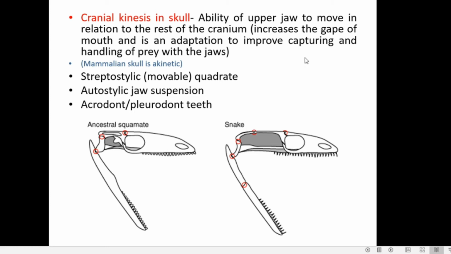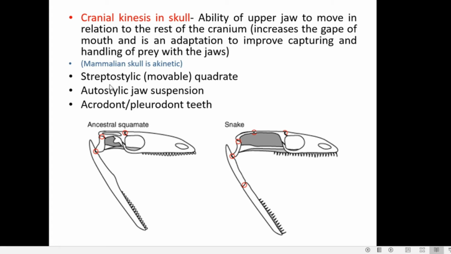So what advantage does this kinesis give? It allows them to increase the gape of the mouth when it is open, so they can keep the mouth wide open, and it is also an adaptation to improve capturing of prey with the jaws and also handling of the prey with the jaws.